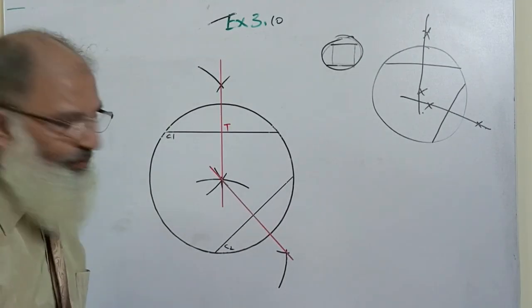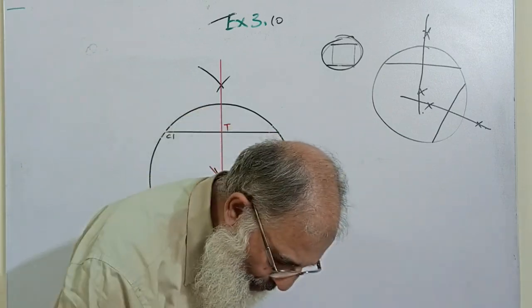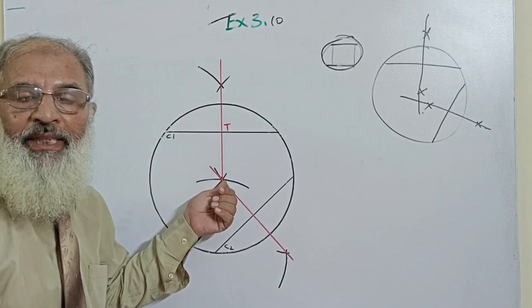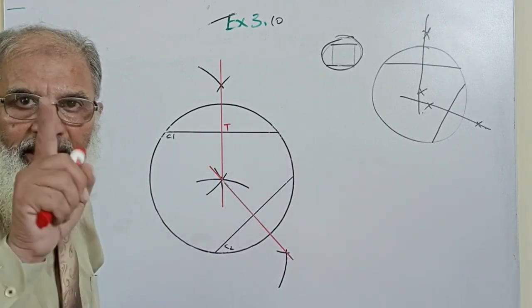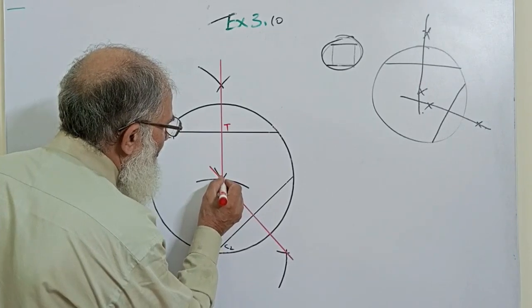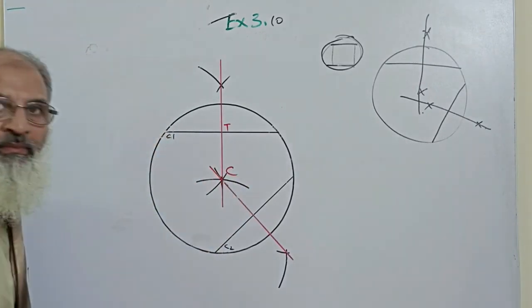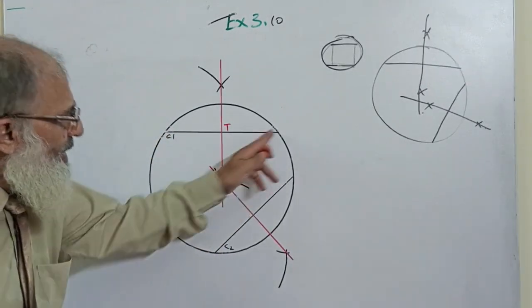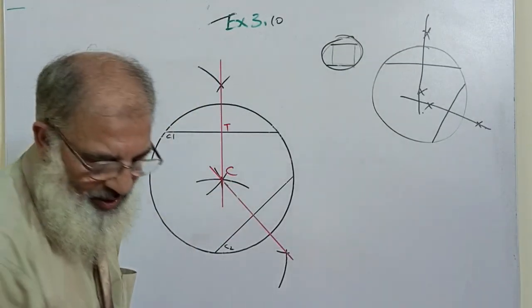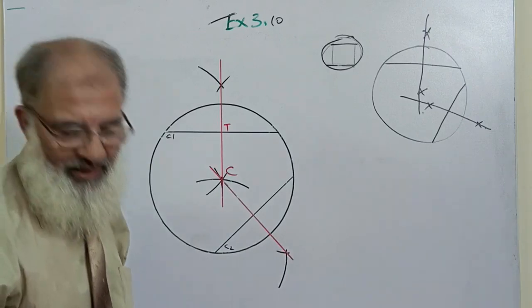What is the result? Now you see that these are meeting at point C. Both bisectors are meeting at point C. Now this point C is the center of the circle.